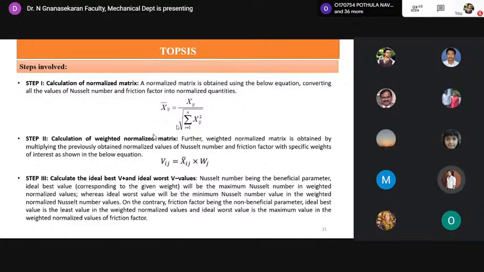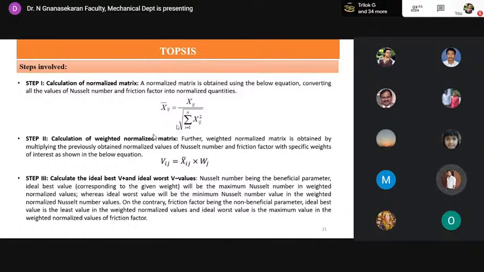Normalization is done by considering one value in the numerator and dividing it by the square root of the sum of the squares of all the values of Xij. The next step, as I said previously, is that the user is going to decide the solution. He is going to assign some weightage to his desirable parameters. That weight is multiplied with the normalized value. That is what is being done in step 2.